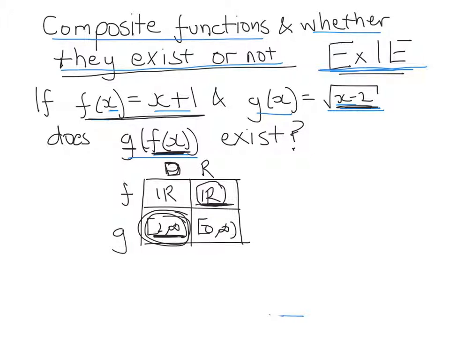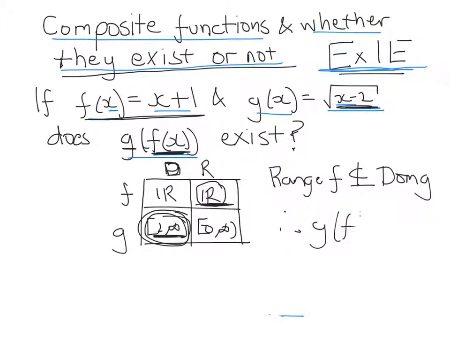So that means that the range of f is not a subset of the domain of g. And therefore g of f of x does not exist, because a value could come out from here and go into here, which would mean we got a negative square root like we did before, and we can't have that happening. So it means g of f of x does not exist.